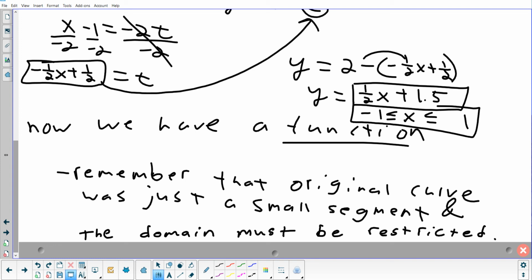You have to tell me where to draw it because of the original restriction. And this -1 and 1, that's the start and the end point x values. That's where we got those from. All right, so any question on how we eliminated the parameter or came up with that restriction on the domain?